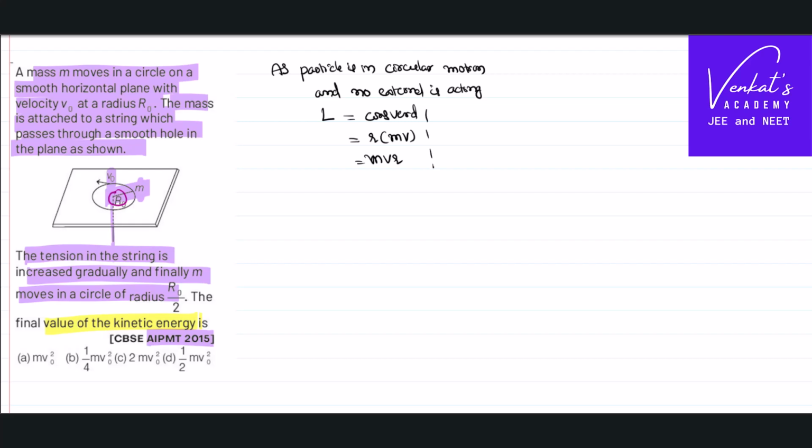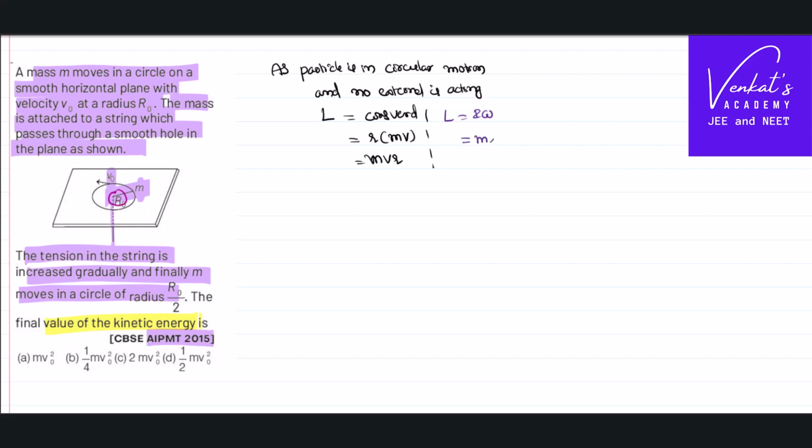Or I can derive the angular momentum another way. We know the formula L equals I omega, and I1 omega1 equals I2 omega2 for conservation of angular momentum.